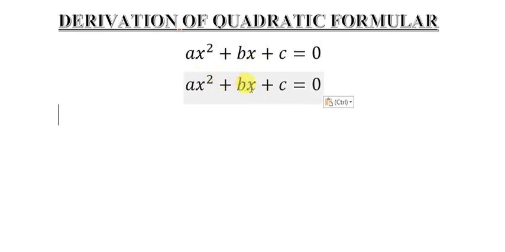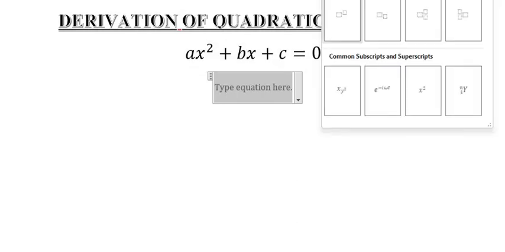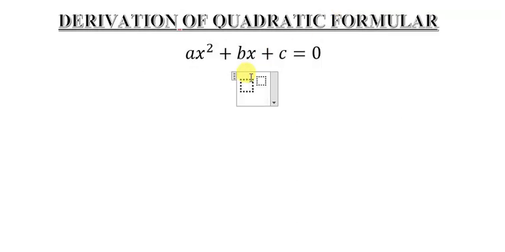That is, we divide each term of the equation by a. Now should we do that, we realize that we are going to have x squared standing alone. If you agree with me, x squared standing alone.